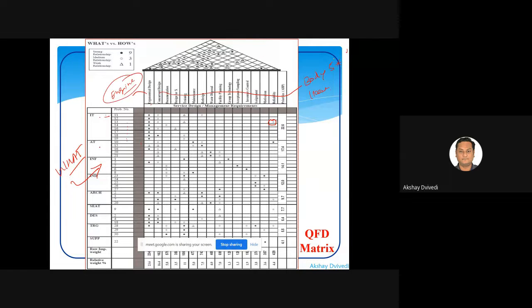These things can contradict. So we have a relationship between the roof and the house, wherein, for one case, when ergonomical design is compared with concurrent design, those things have got a strong relationship.